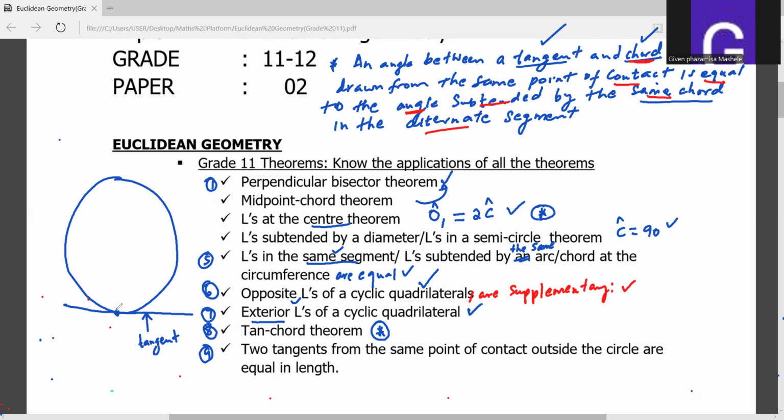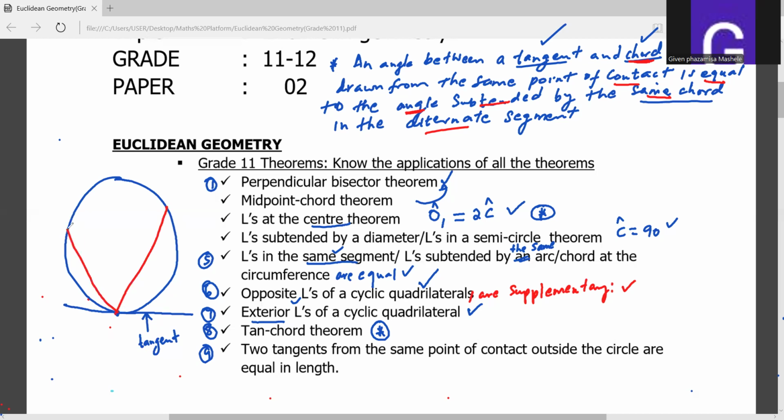According to this theorem, whenever you have a tangent, and from that tangent's point of contact you draw chords. Remember, a chord is just a line joining 2 points on the circle without passing through the center. So that's our chord. That's also our chord.